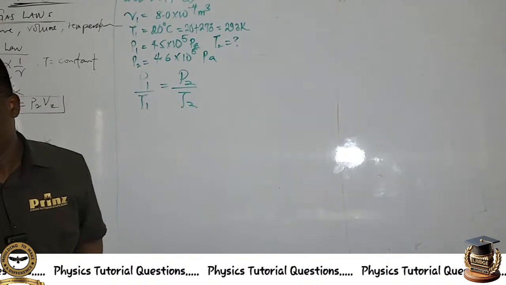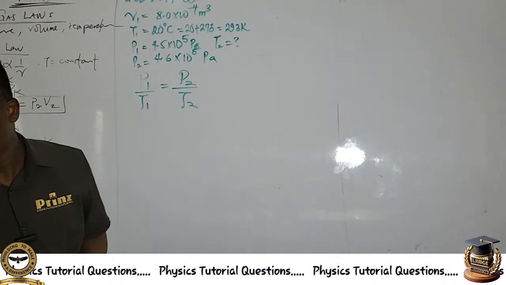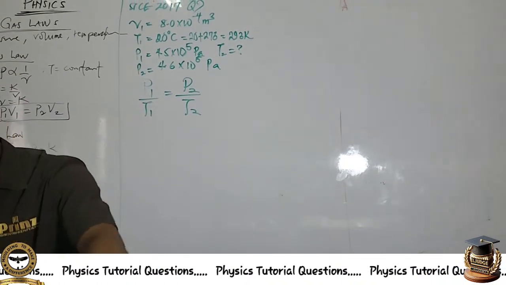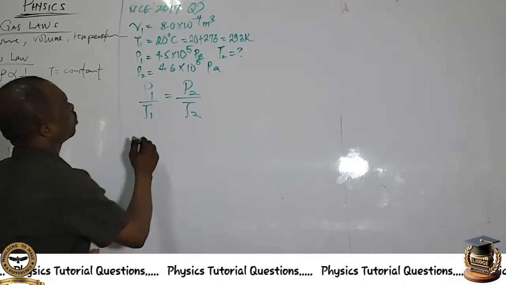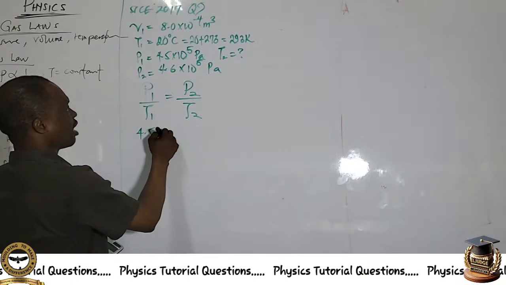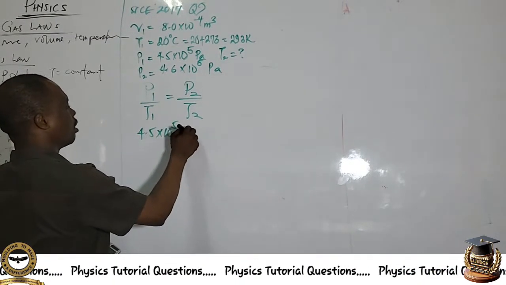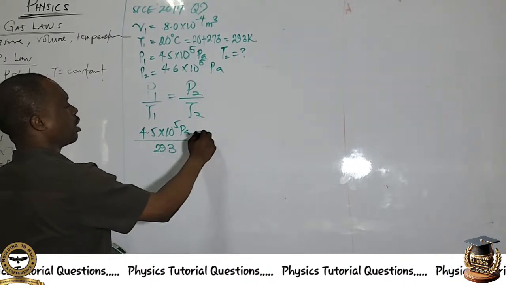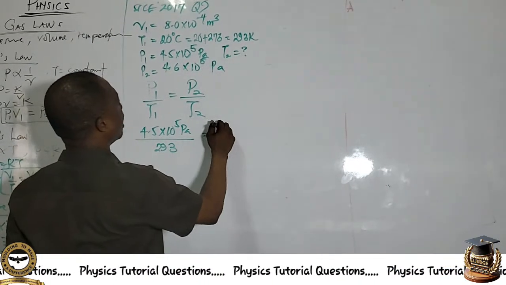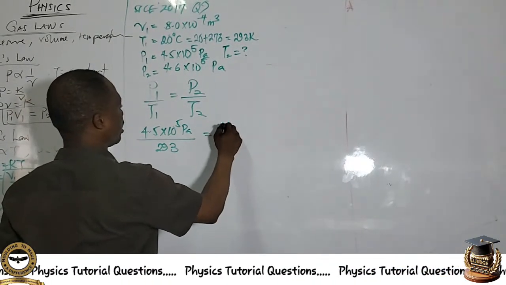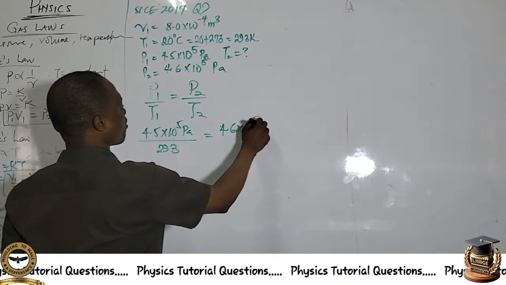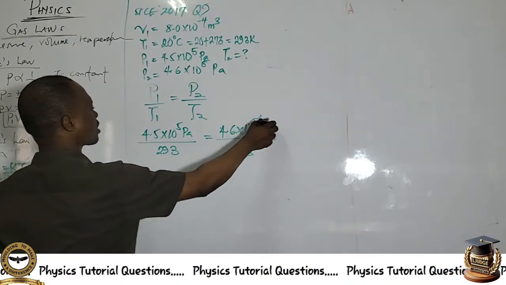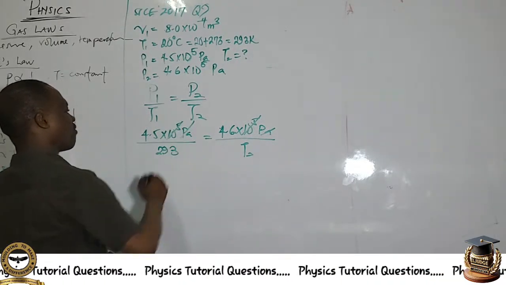And so for this kind of question, we're going to input our values. So we have 4.5 times 10 raised to the power 5 Pascal over 293 equals P2, which is 4.6 times 10 raised to the power 5 Pascal over T2. 10 raised to the power 5 Pascal cancels.